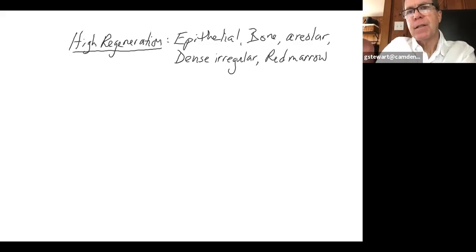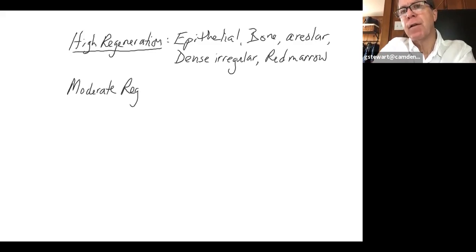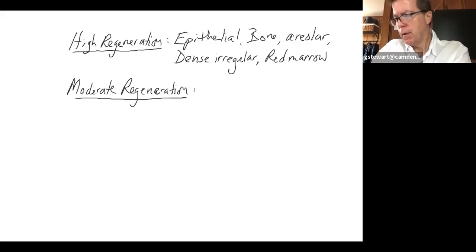The next classification, I'm just going to write moderate, where we get less regeneration, but not completely unregenerative. So I'm just going to put moderate regeneration. I'll list these tissue types. Sorry, it's pollen in the air. I can't speak very well.